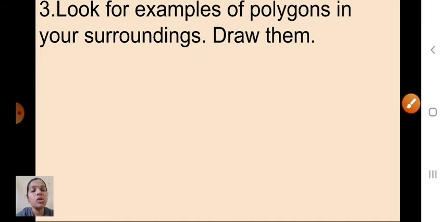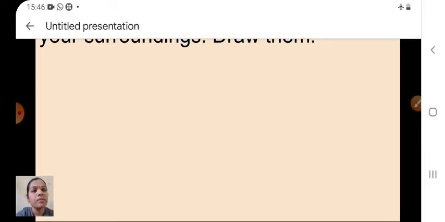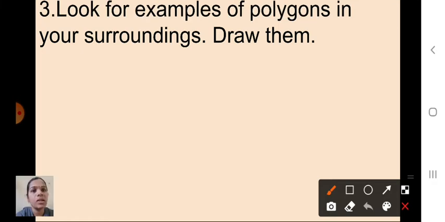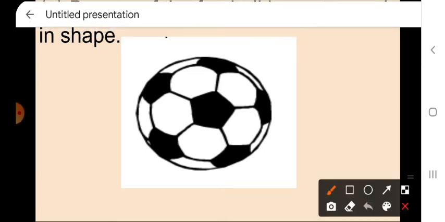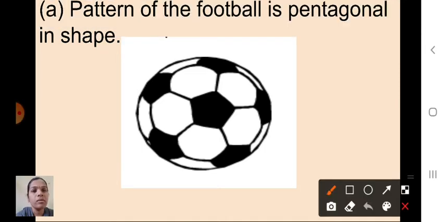The third question is, look for examples of polygons in your surroundings. Draw them. Any 3 you have to draw. The first one is a football.